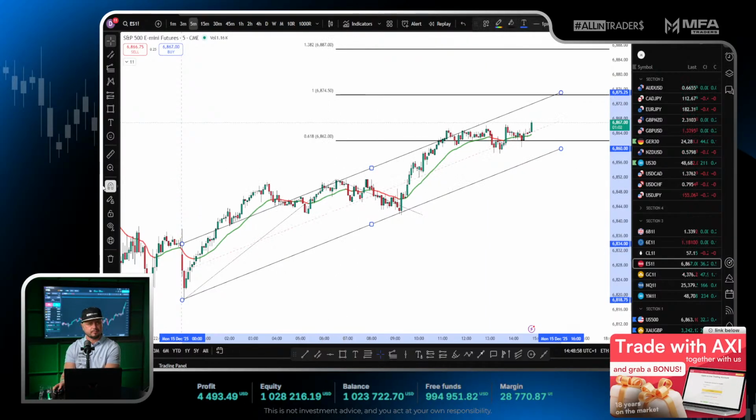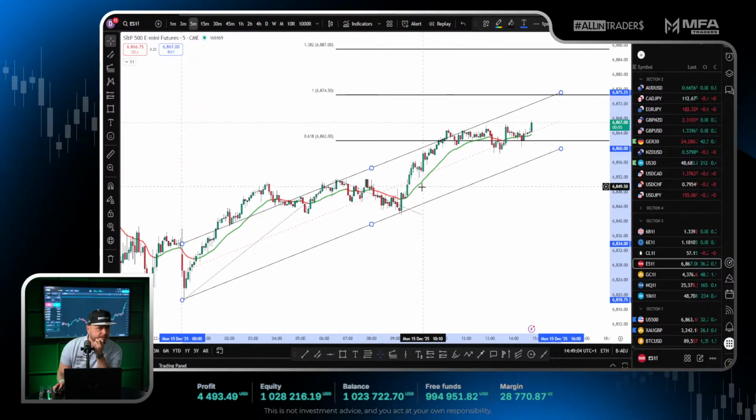Okay. All right. Yeah, so we need to wait for the price to get to the measure move. Then we're going to look for a pullback. So we still have a few more minutes for that.